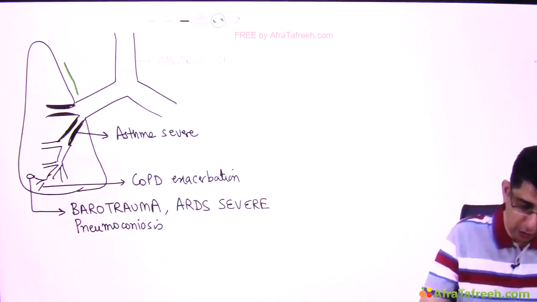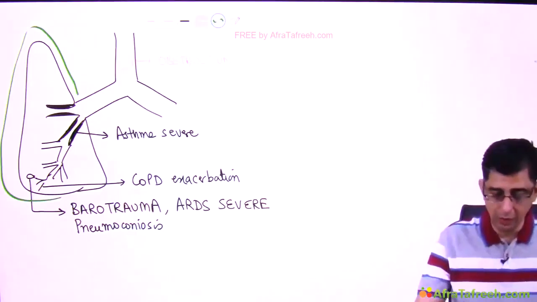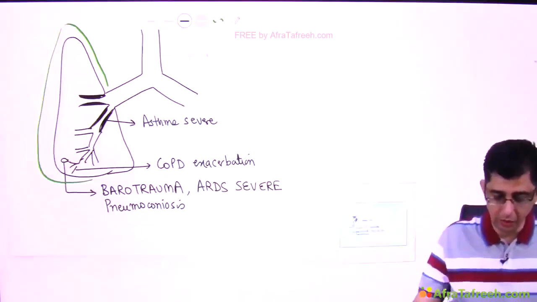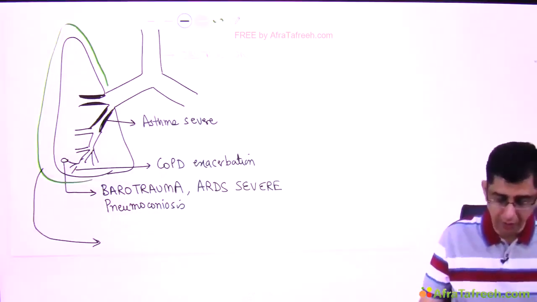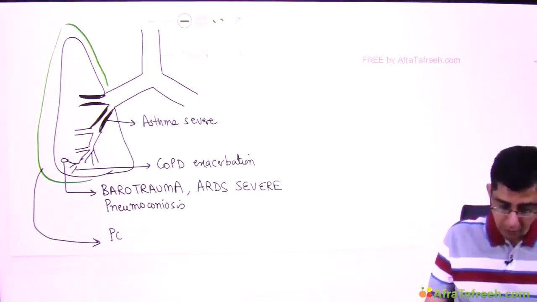Now let us take this to be the representation of the chest wall. So there could also be a possibility that in the patient, it is the chest wall that is involved in contrast to the airways. Now when I say the chest wall, I don't mean only the chest wall, I also mean the muscles related to respiration.